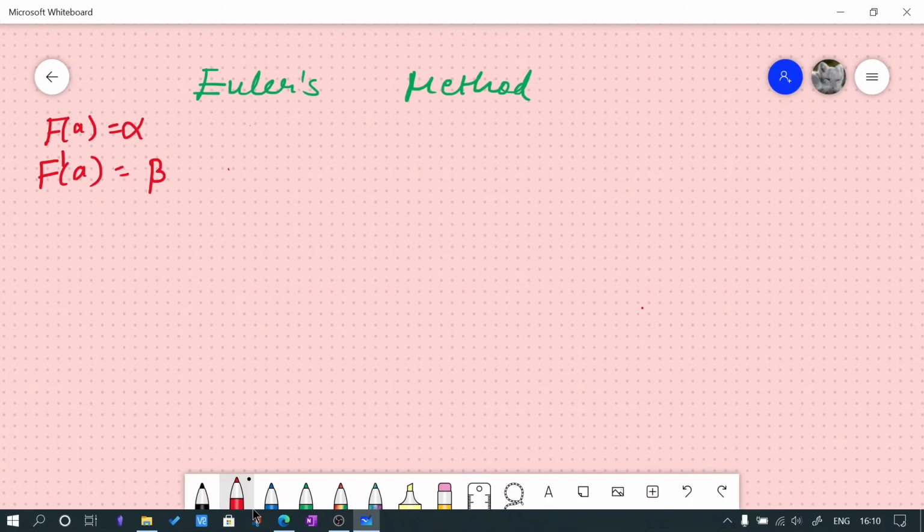So we can use this method to find the value of f of a plus delta x, where delta x is a small increment in the value of x.